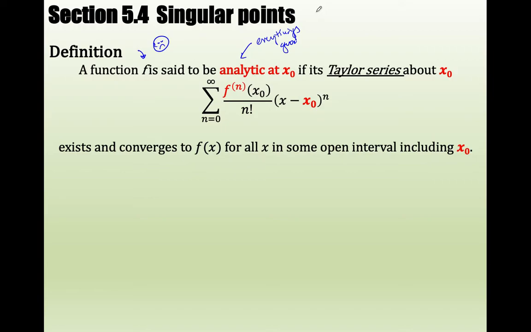I'm continuous. I'm great. So if the center of my expansion is some x number, and my function f is analytic around the center, its Taylor series exists and converges to some function for all x in an open interval, including, of course, my center.